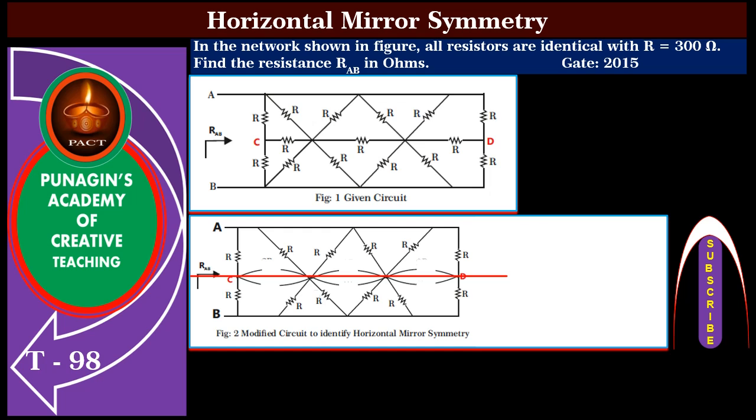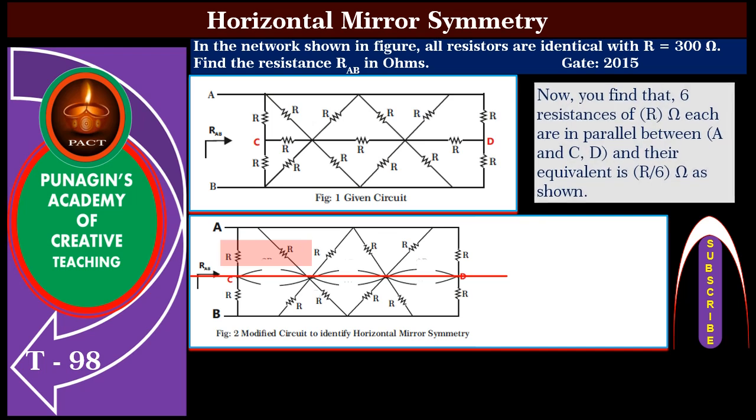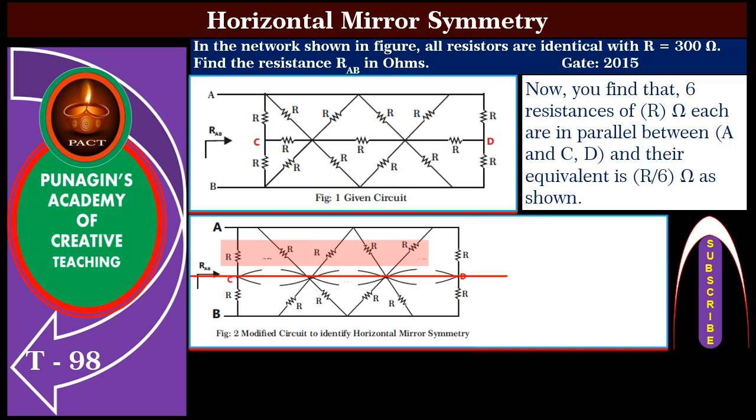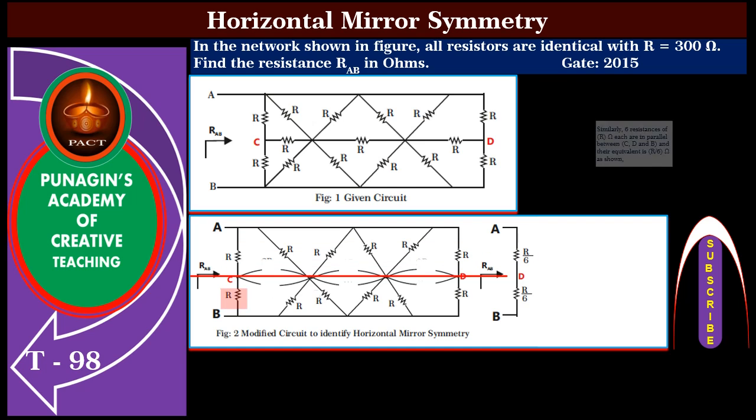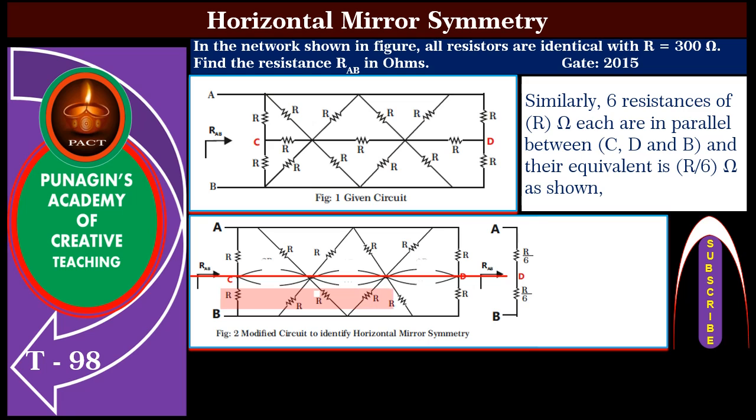Now, you find that 6 resistances of R ohm each are in parallel between A and C or D, and their equivalent is R by 6 ohm as shown. Similarly, 6 resistances of R ohm each are in parallel between C or D and B, and their equivalent also is R by 6 ohm as shown.